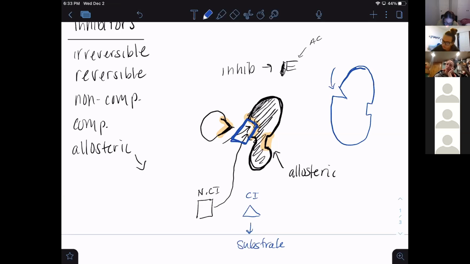This is your active site, and this is an allosteric site. Okay, enzymes have both, right?